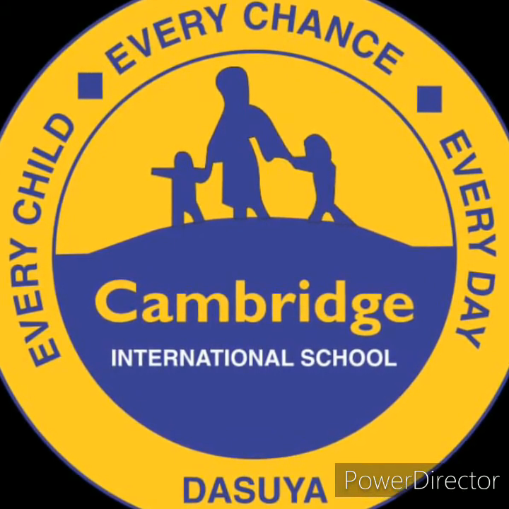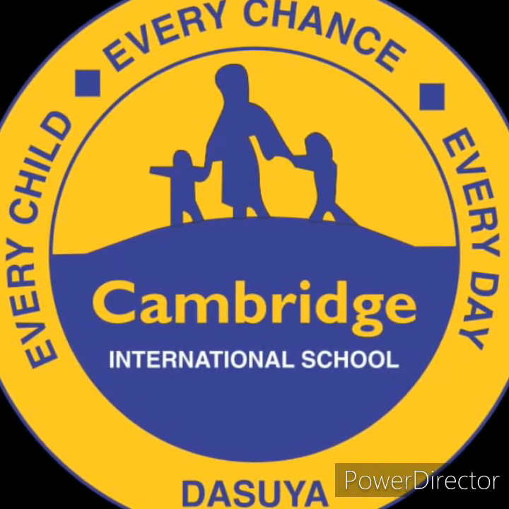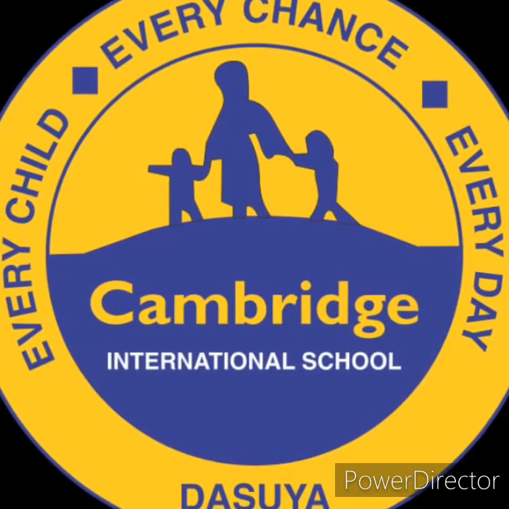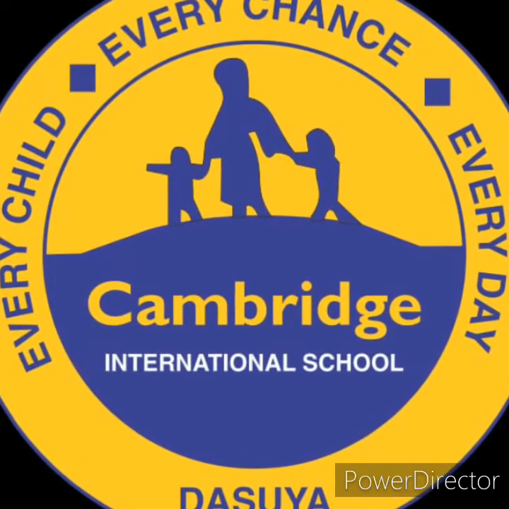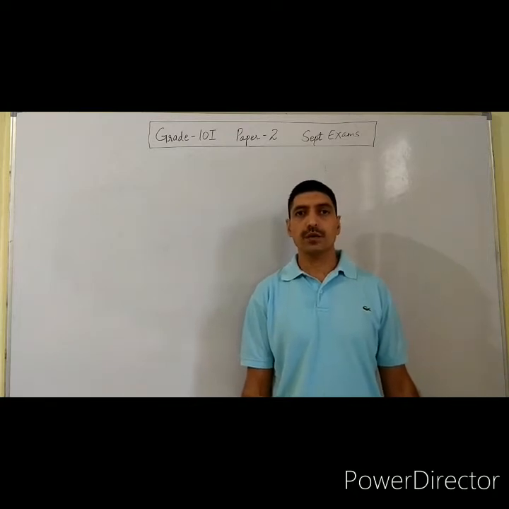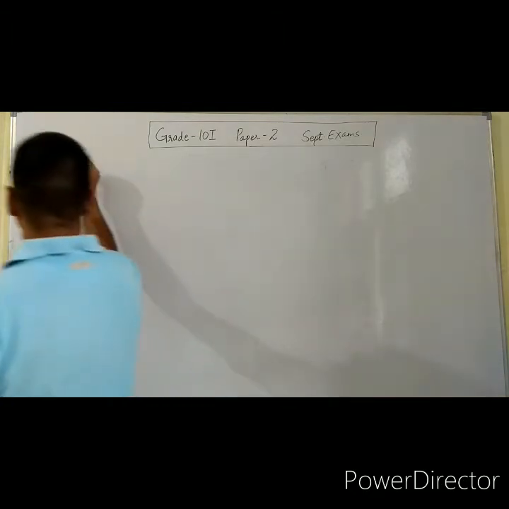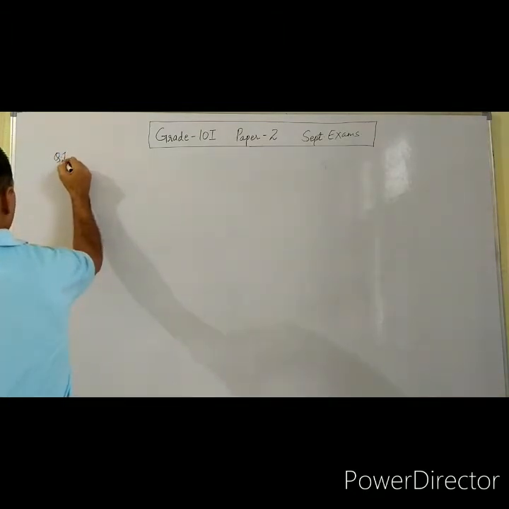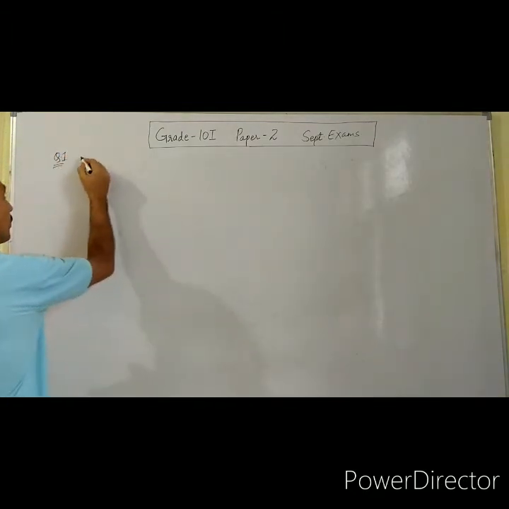Today we will discuss the marking scheme of Paper 2, September examination. Paper 2, question number 1 is regarding the order of rotational symmetry.